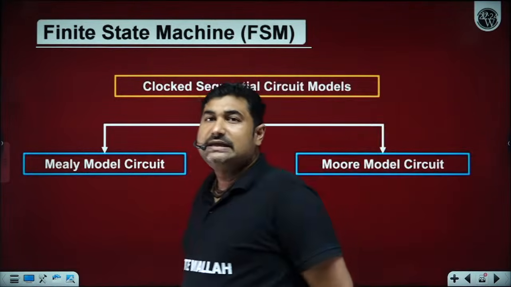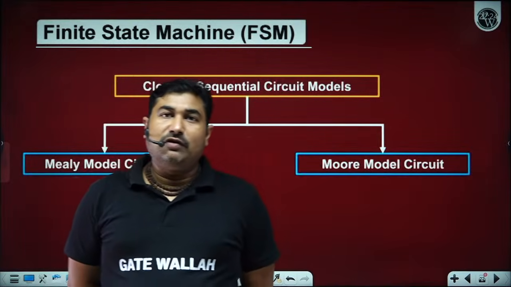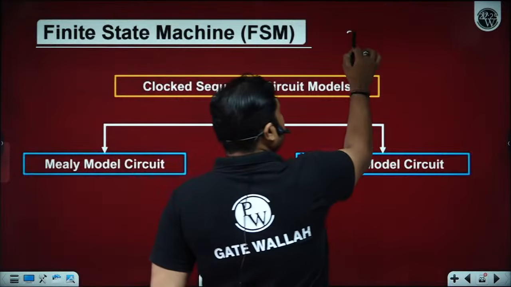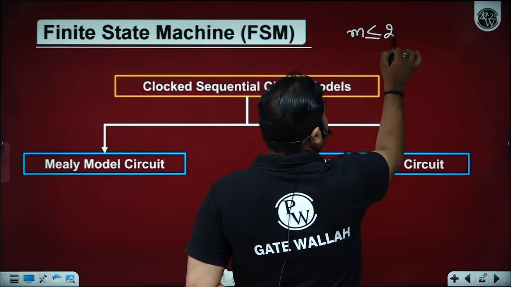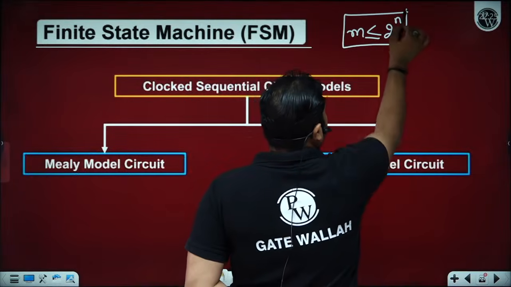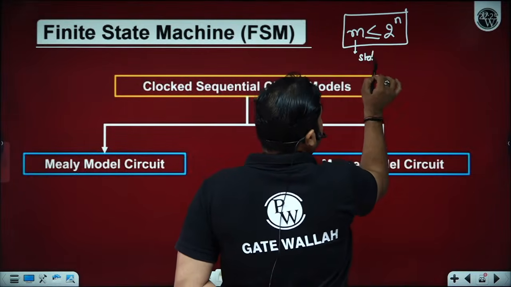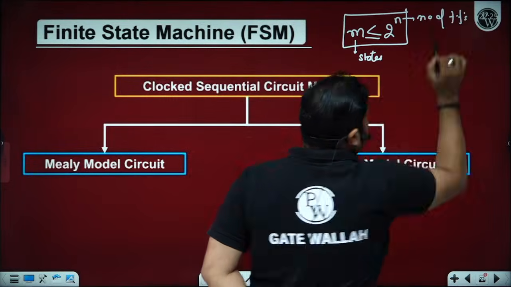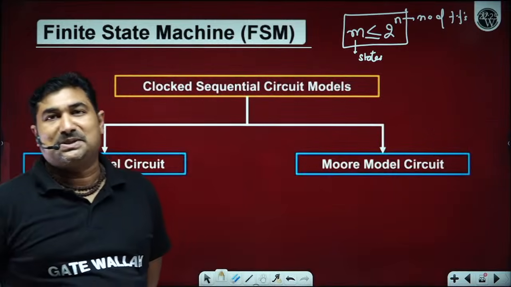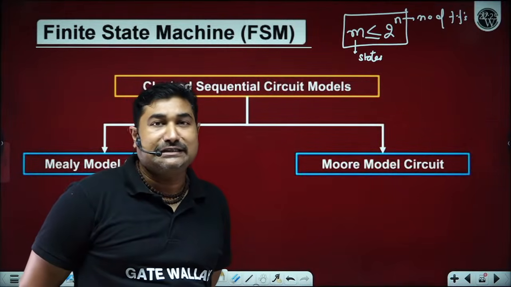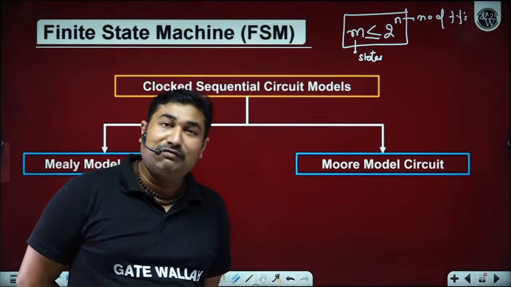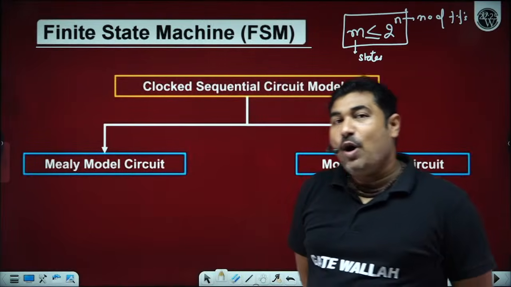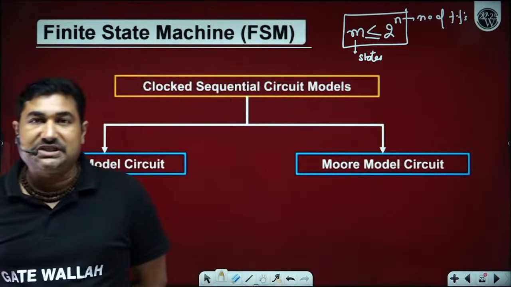Whenever we want to design any state machine, for a different number of states, the number of flip-flops required changes as per the relation m is less than or equal to 2 to the power n, where m is the number of states and n is the number of flip-flops. So can you design an infinite state machine? It is not possible. Why? Because if you want to design an infinite state machine, you need an infinite number of flip-flops. So whatever state machines we are designing, all are finite state machines.